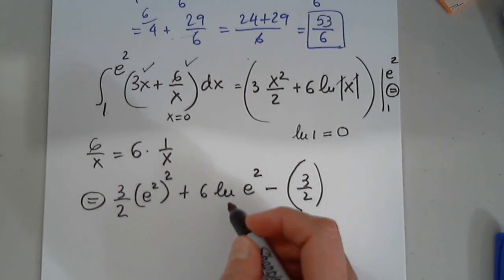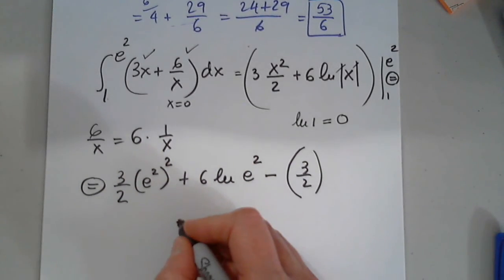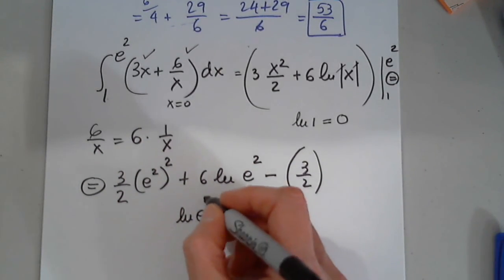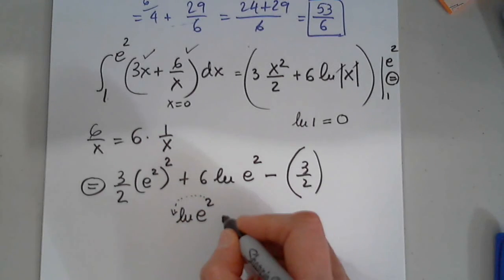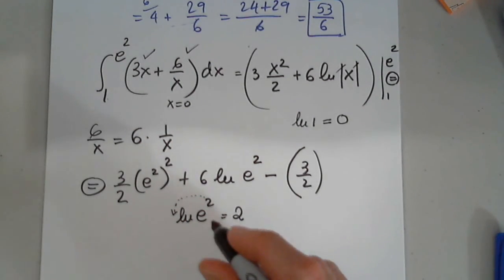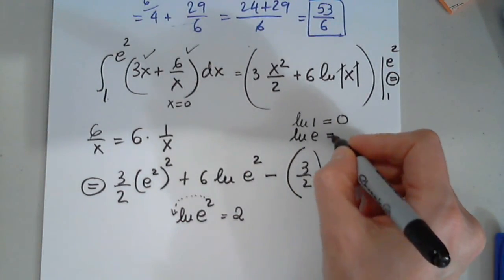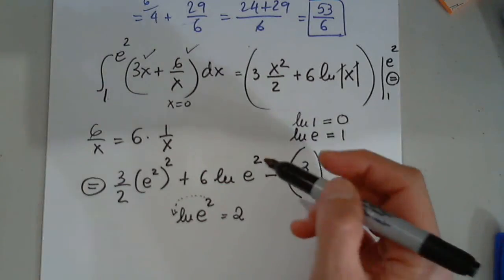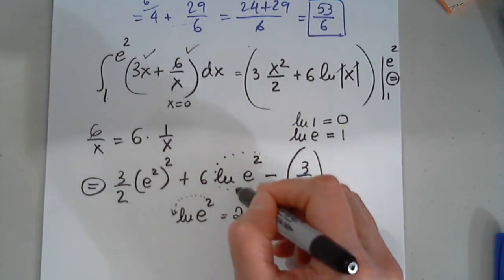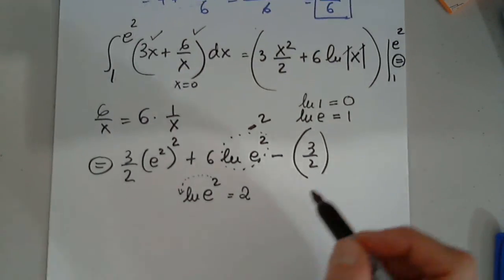Now here, we have to remember how to simplify this. Natural log e squared, the power goes in front as a factor. And now, anyone remembers how much is natural log e? That's it. So this piece equals 2. That will be multiplied by 6.